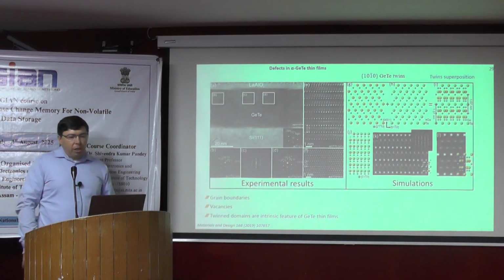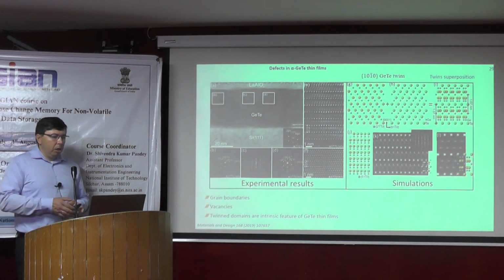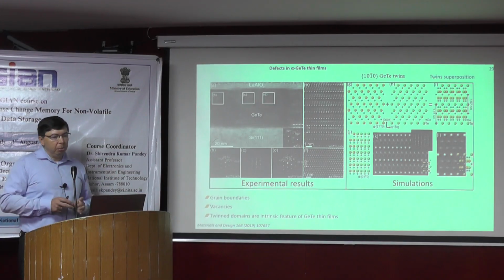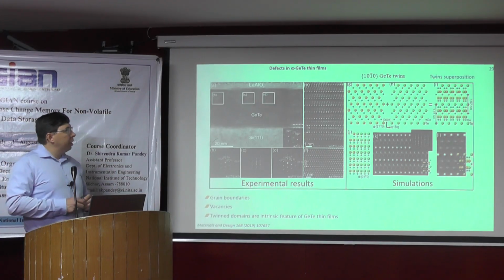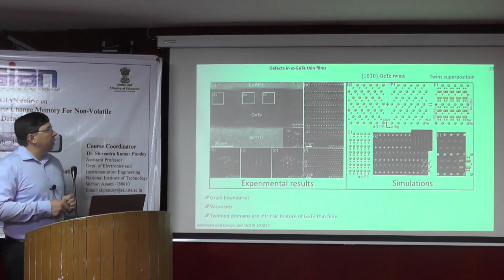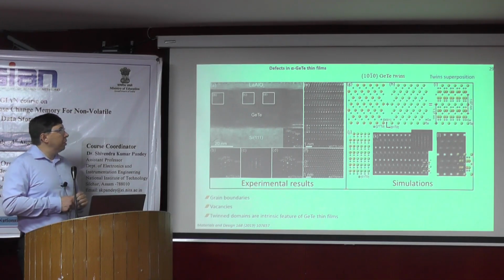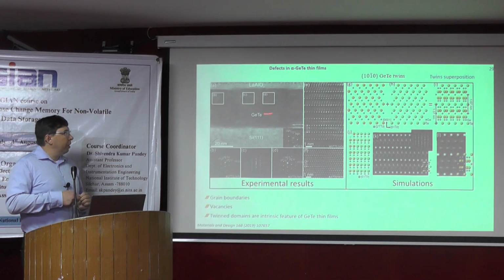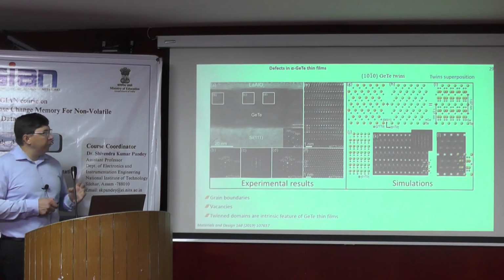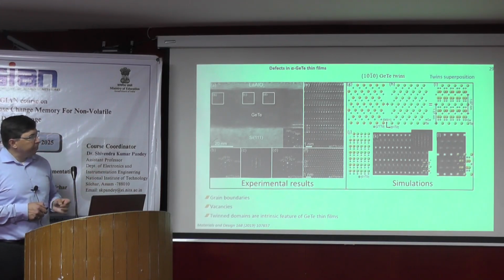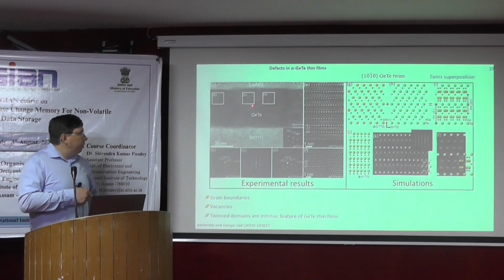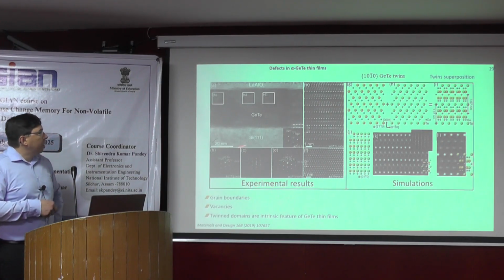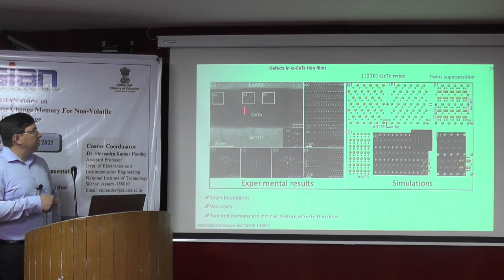There are also some defects in this system because of the rhombohedral symmetry, and these are typical defects in germanium telluride. They have also been observed, I think, in single crystals. If you consider the TEM image here, you can see some interesting contrast.